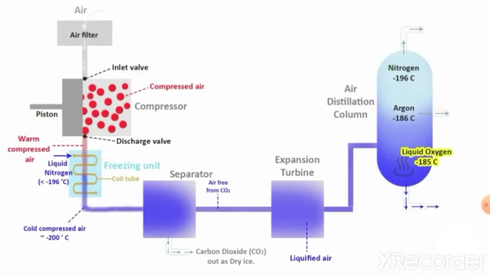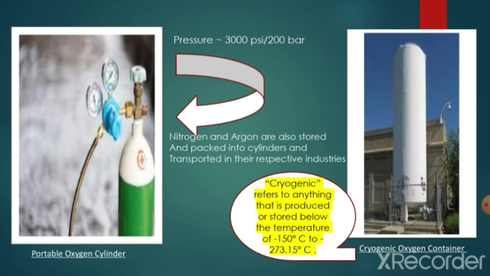Then you may ask how they are transported. For easy transportation, they are transported in their liquid form itself. Oxygen, nitrogen, and argon are all stored in cylinders and transported to the respective industries wherever required, because all three elements have extensive usage.